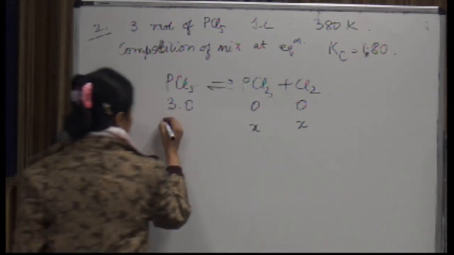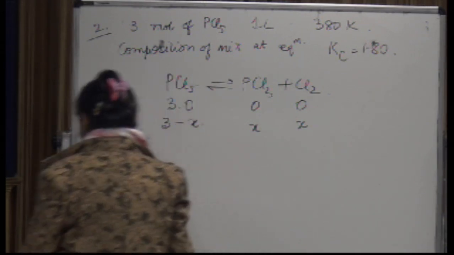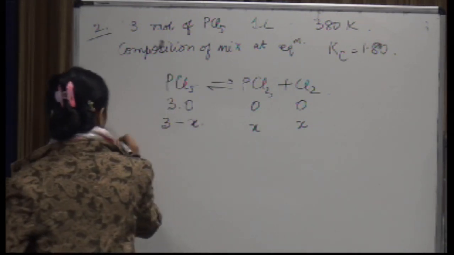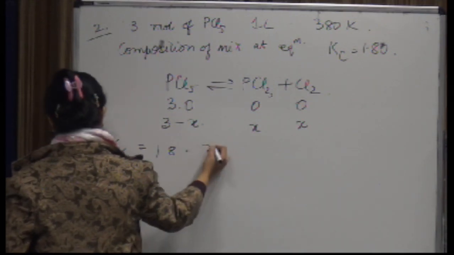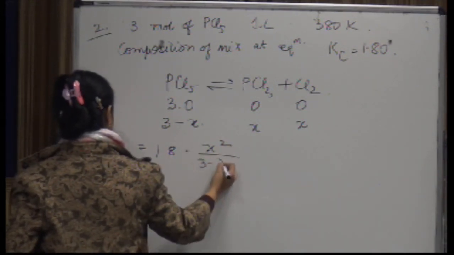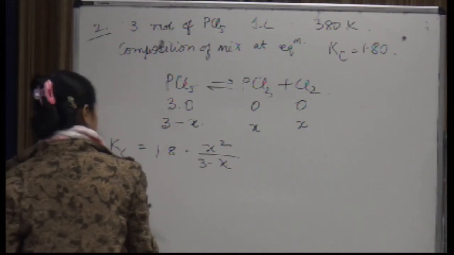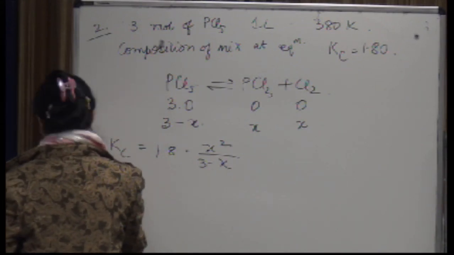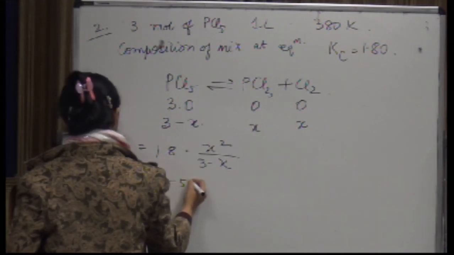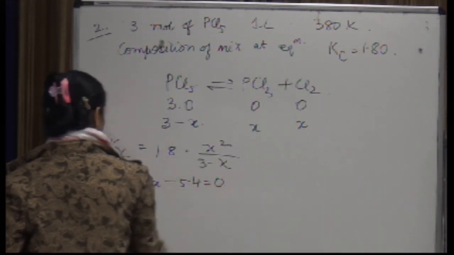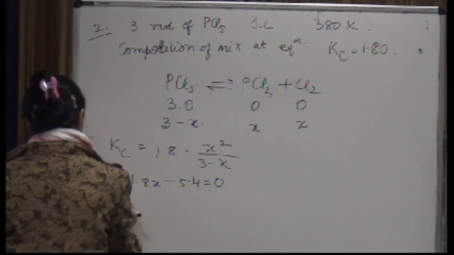That will be 3 minus x. And if that is the case, you can easily write down your Kc. Your Kc, which is given as 1.8, will be equal to x square upon 3 minus x. So you can easily get your x from here, solve the quadratic equation. x square plus 1.8x minus 5.4 will be equal to 0.